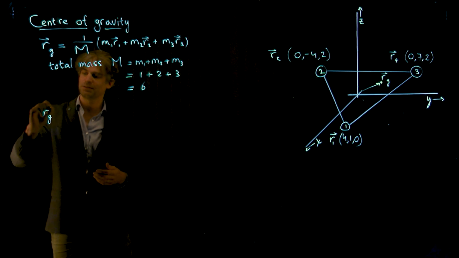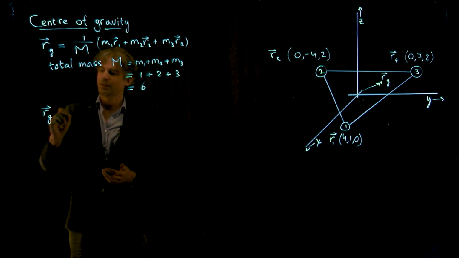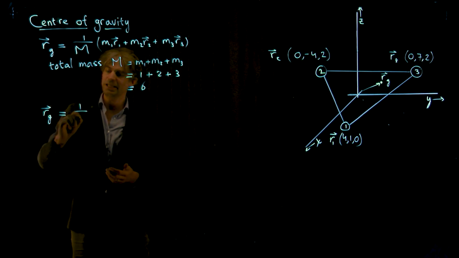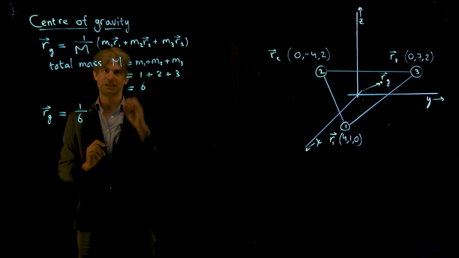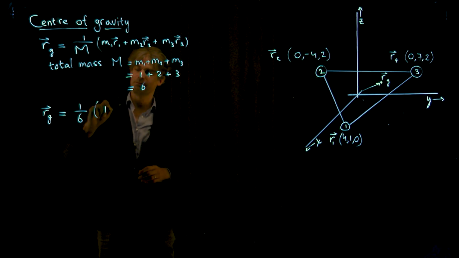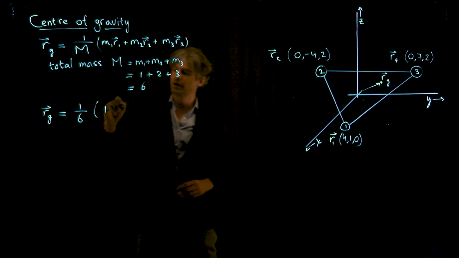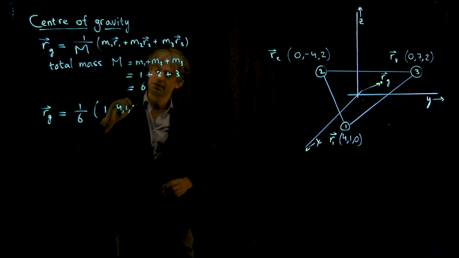So we have the position vector for the center of gravity equals 1/6, right? We established that. Times m1, which is simply 1, times the position vector of 1, that's (4, 1, 0).